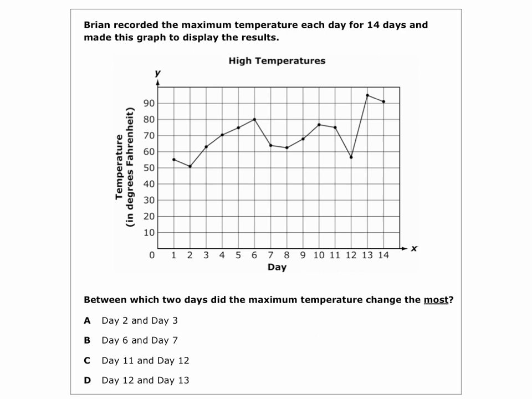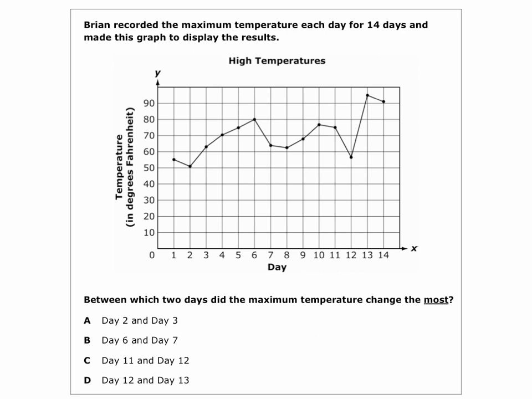This example says Brian recorded the maximum temperatures each day for 14 days and made this graph to display the results. So the high temperatures and day 1 through 14. It says between which 2 days did the maximum temperature change the most? Now, read these carefully.